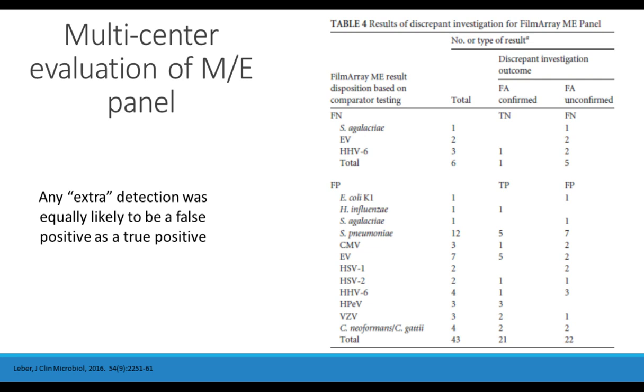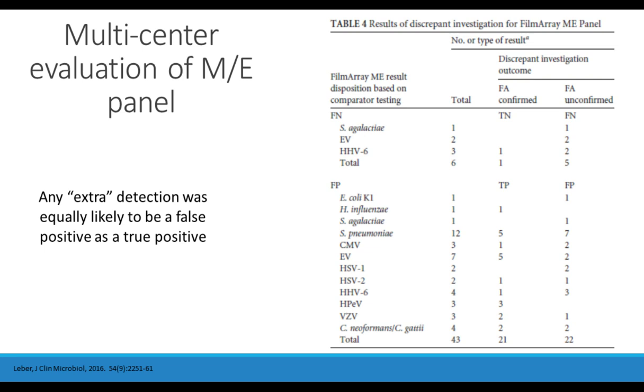When we look at the performance of the meningitis encephalitis panel, it was really quite good in the multi-center evaluation, but there were some things that were very interesting to note. One of which was, again, owing to the difficulty of making a diagnosis of meningitis or encephalitis, that there were a number of times in which the ME panel had a result which was different from the comparator test. So be it culture, be it PCR, there was a difference between what the ME panel said and what the standard of care testing had described.